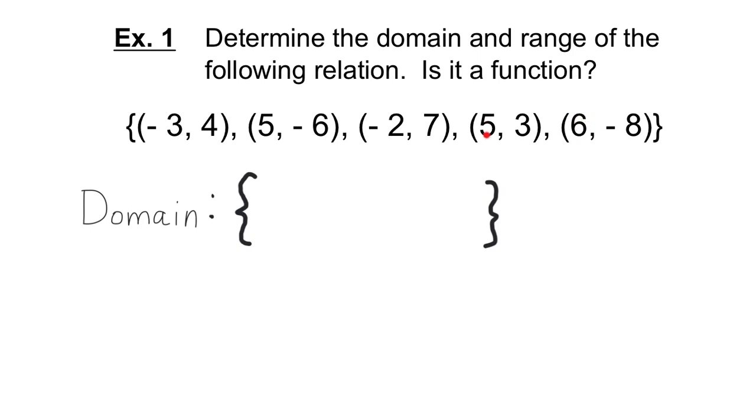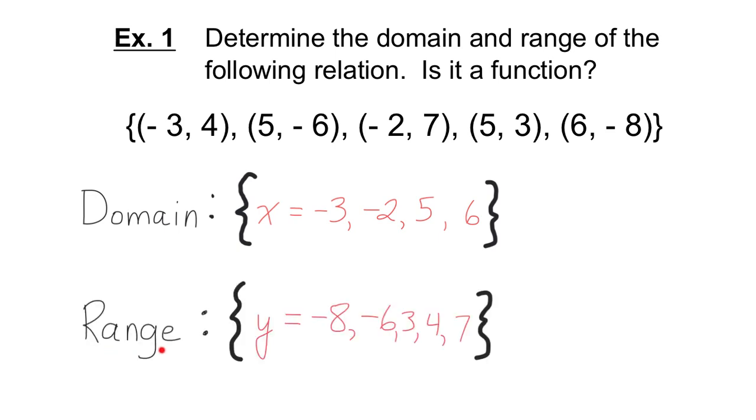So if I simplify it, take out the repeats, it's either -3, -2, 5, or 6. And the way I communicate that is by writing it like this. X is equal to -3, -2, 5, or 6. So I'll put it all together. This is how I communicate what the domain of my relation is.